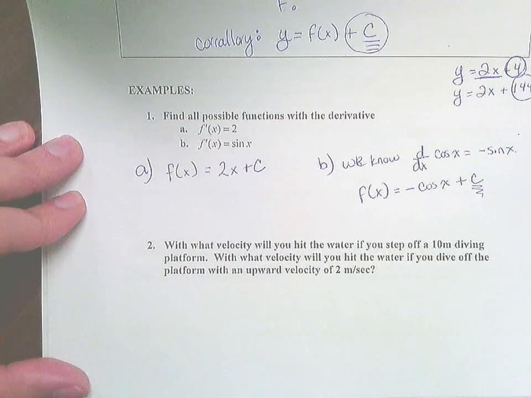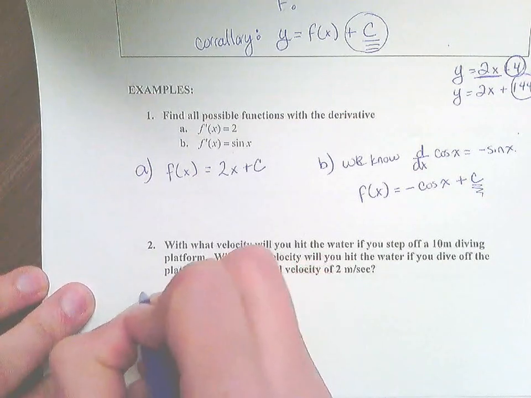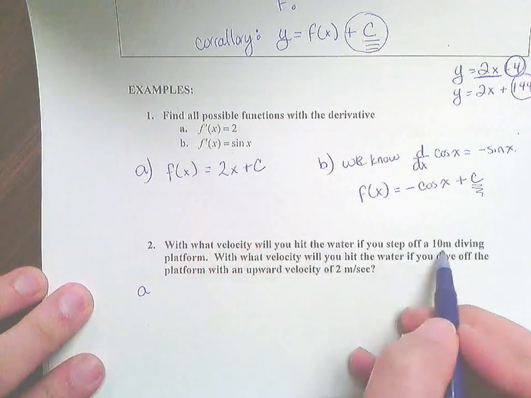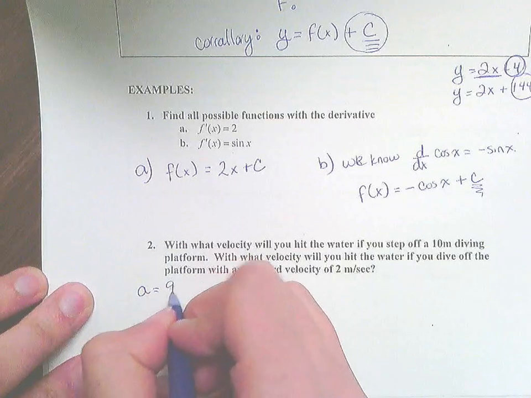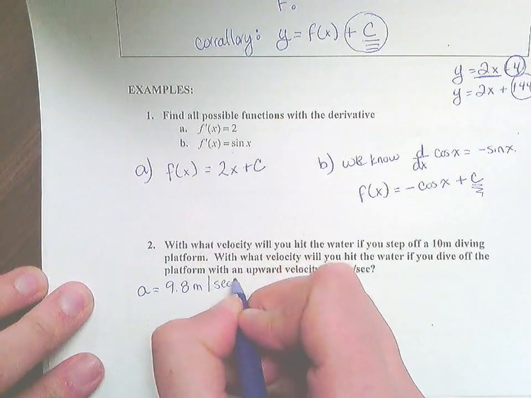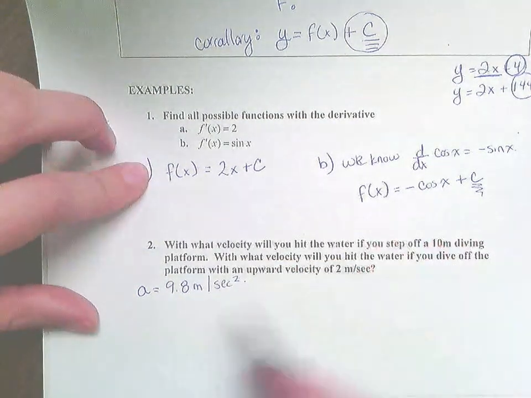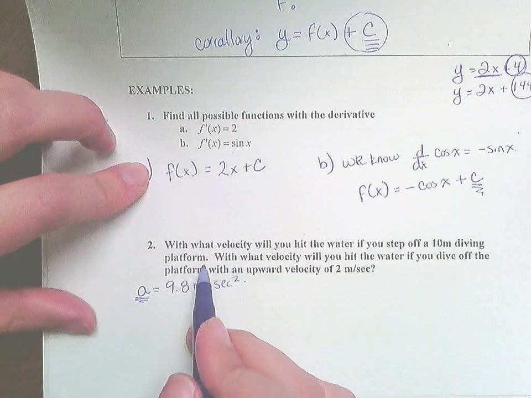Okay, I'm going to give you guys a little hint. We know that gravity, or acceleration, when you are diving is 9.8 meters per second squared, correct? And we want to figure out velocity.